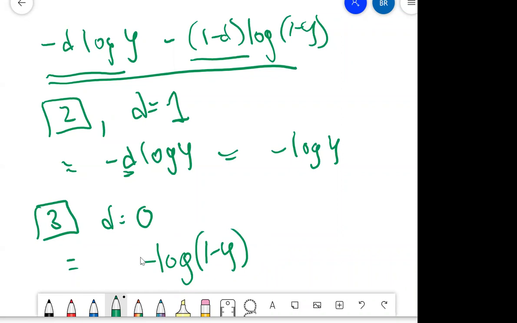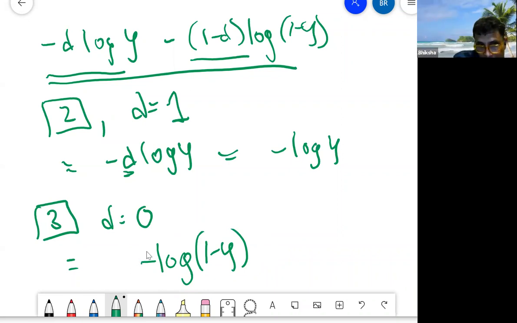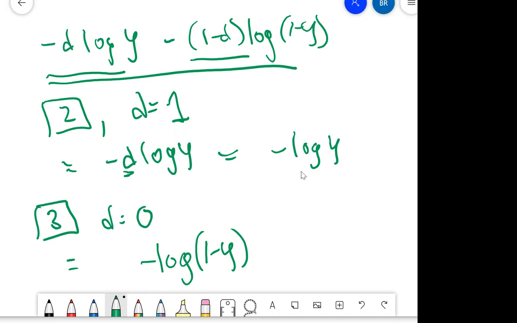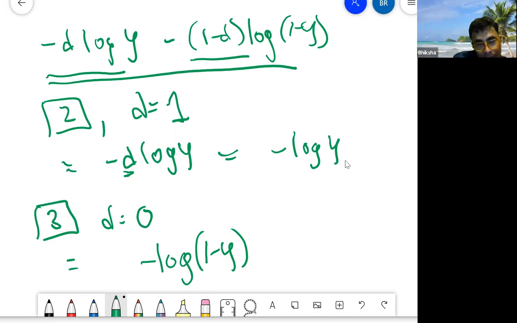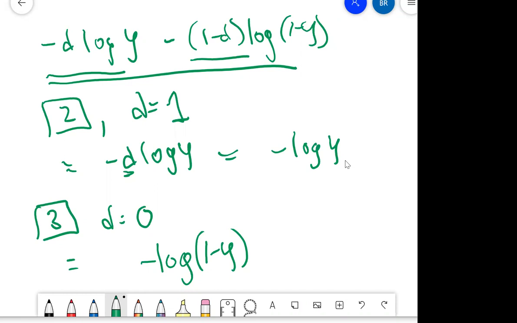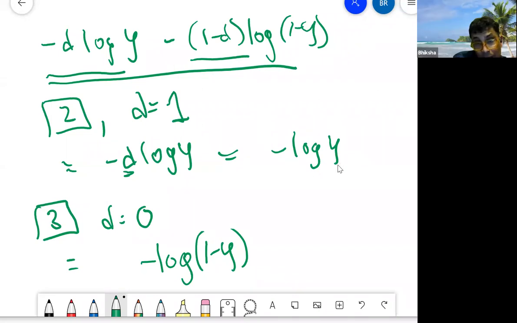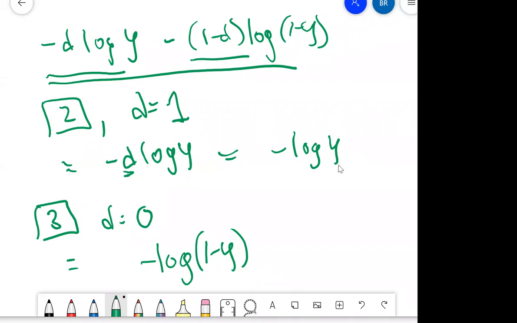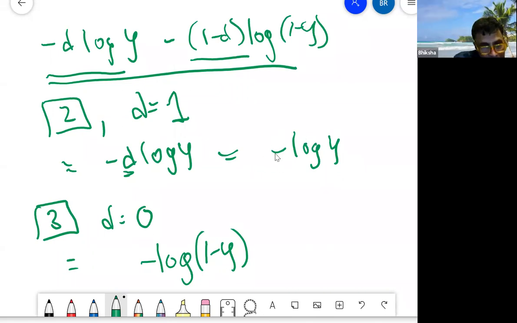So the divergence becomes 0 when Y equals D. And when Y doesn't equal D, what is the range of Y? It's between 0 and 1. So what will the sign of this log Y be? Log Y is going to be negative, right? But there is a minus sign here. So once you factor in the minus, it becomes positive.